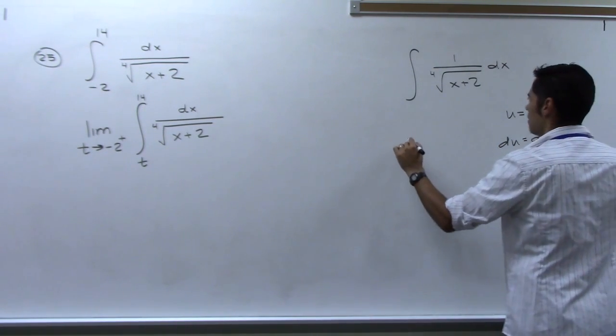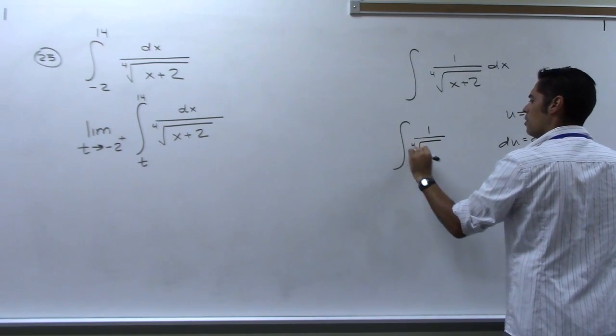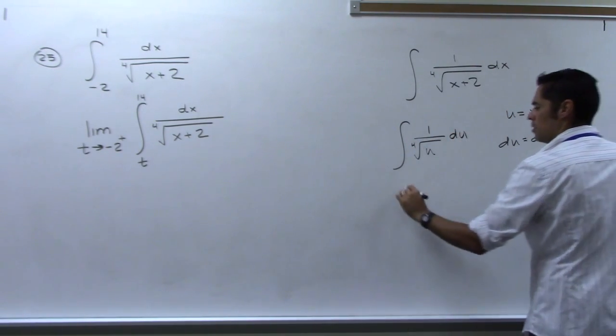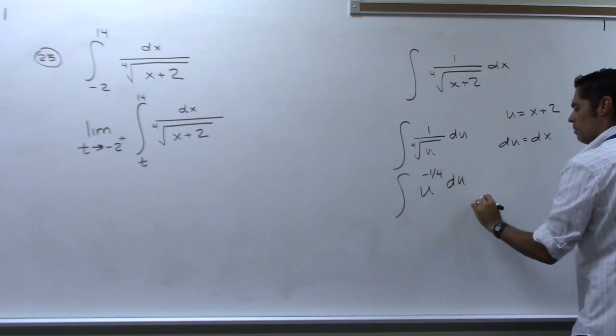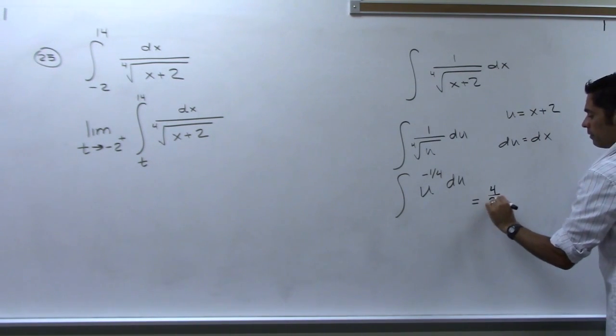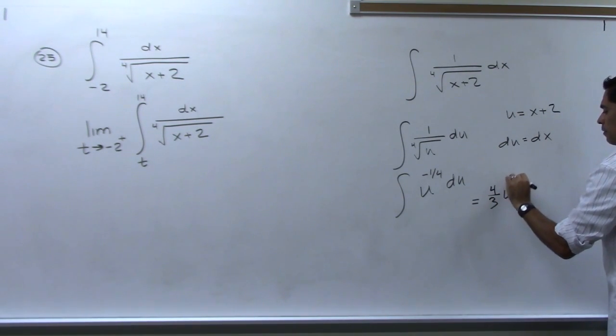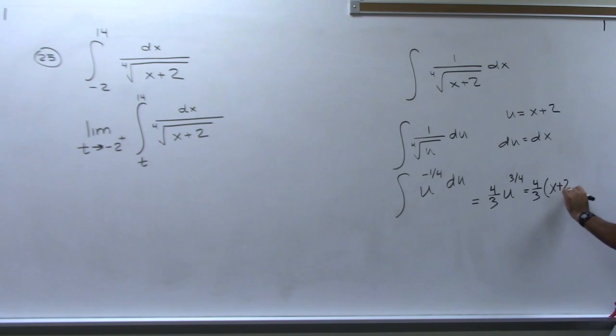And I can rewrite this integral as 1 over the 4th root of u du, which is the integral of u to the -1/4 du, which turns into, adding 1 to that, you get 3/4, so flip over 4/3 u to the 3/4, which is 4/3 (x plus 2) to the 3/4.